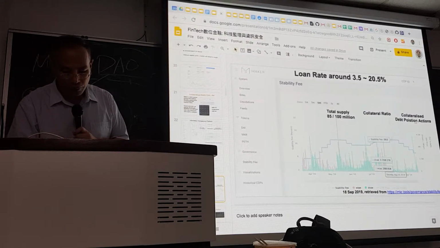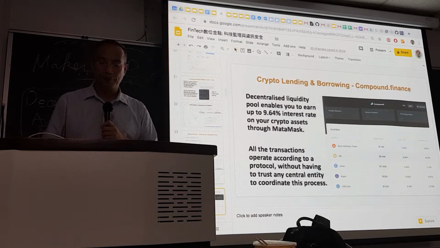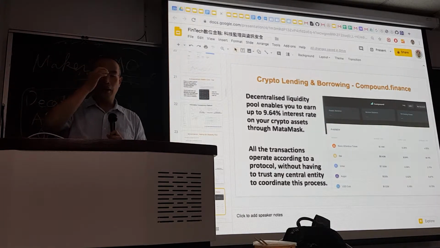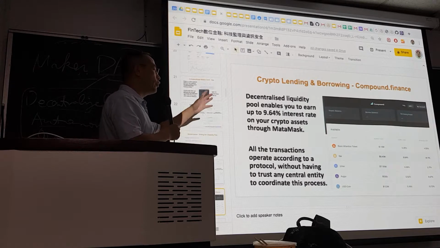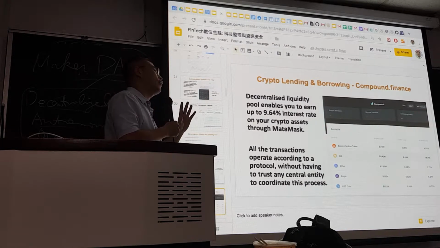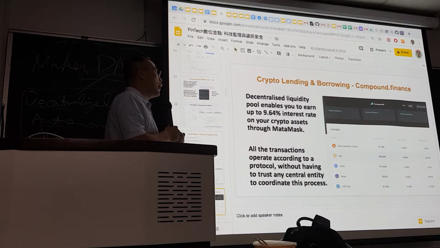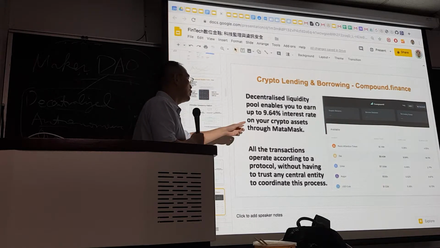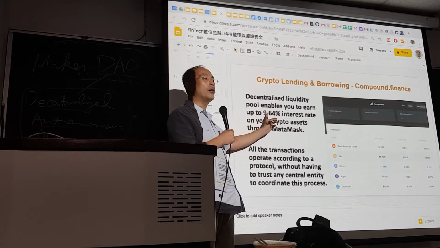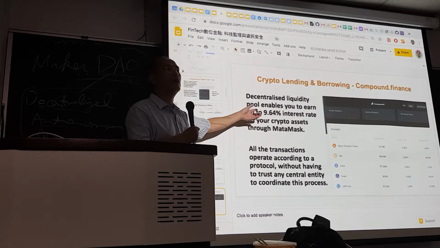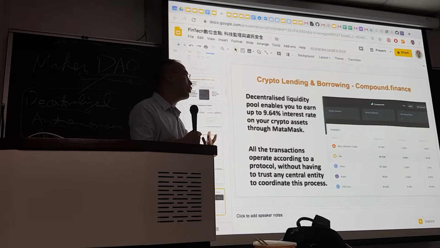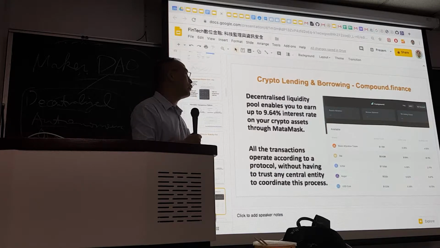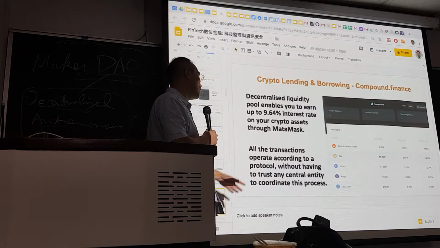I'll go into more detail later, but let me quickly give you an overview first. You get the idea. The important thing for the first class is to get the big picture first. So you see the interest rate is about 10%. It's not bad. If you have money idle, you lend it to people, you get reasonable interest rates.